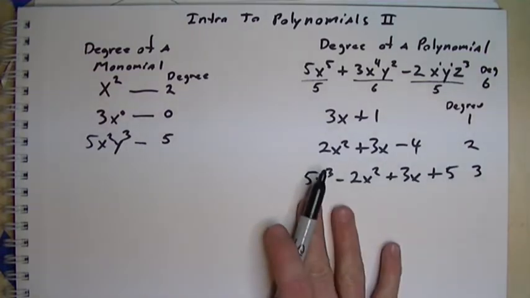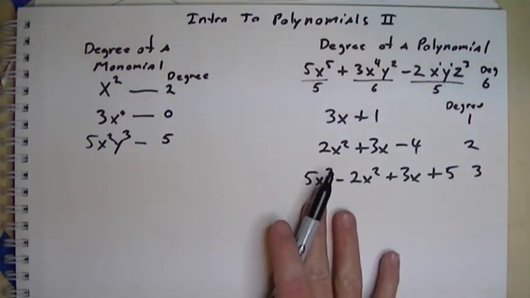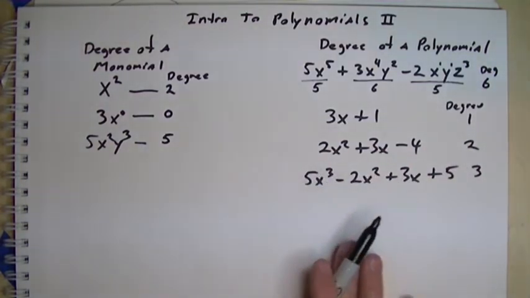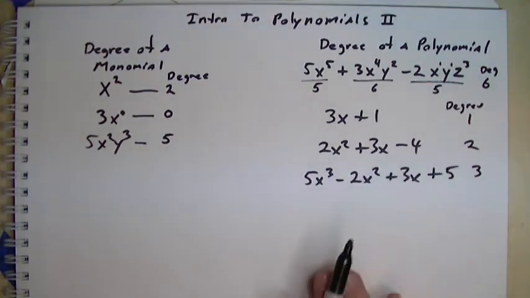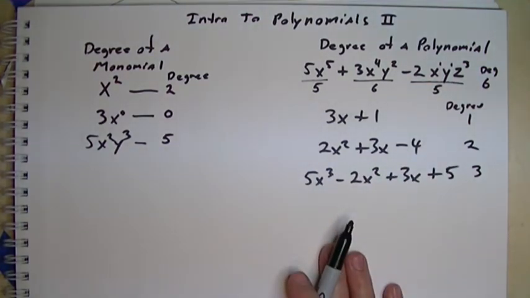So if it's over there to the left, then that helps you evaluate this and make a decision on what the graph would look like, and so on and so forth. So I think that's going to wrap it up for Intro to Polynomials 2. And we'll do one more where we talk about categorizing polynomials, and then we'll get on to operations.